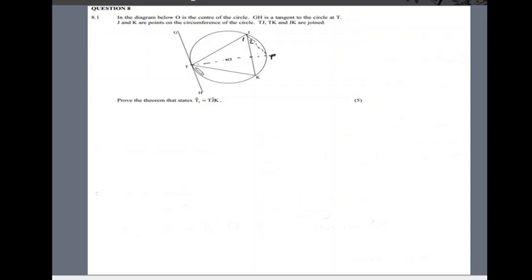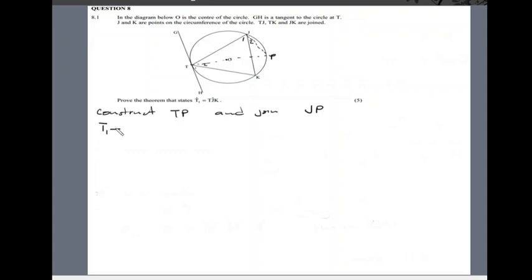And then I have T1 here, I'll label that T2, right? So first I'll say construct TP and join JP, right?